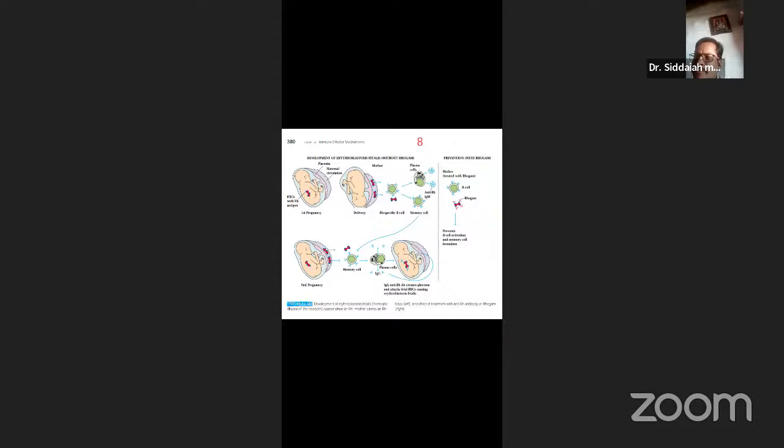When the fetus has Rh positive blood, this type of reaction occurs. The first delivery is normal, and in the second delivery, only if the baby is Rh plus may the second baby die. Otherwise, it is also delivered safely.